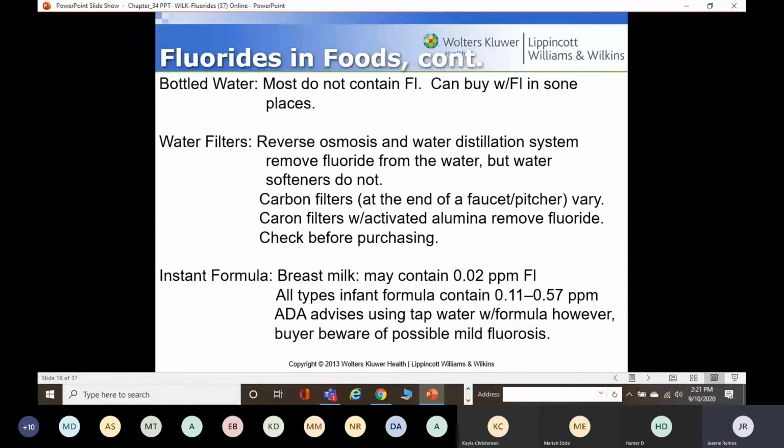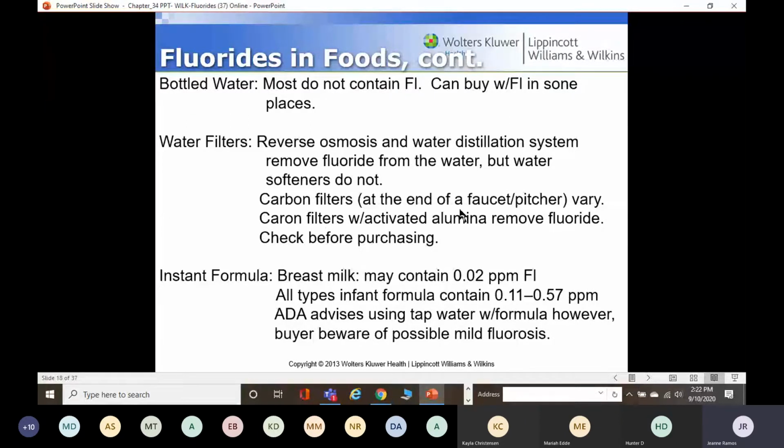I remember that being in a few sentences in some review books about water softeners, whether they were able to remove fluoride from the water. And reverse osmosis and water distillation systems, I've got one set up at my home, and we have one at the clinic, and more people are getting these in addition to their regular tap water.